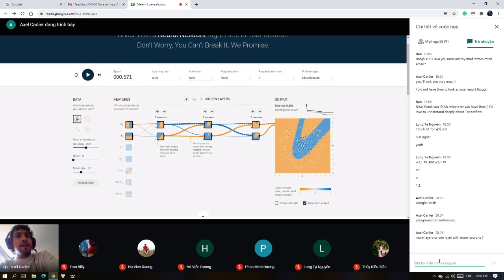Let's try to use linear activation function, okay? If I use linear activation function, you will see something weird. Let me try again. Okay. You see what is going on here? When you use the linear activation function for the hidden layers, what happens is that you get a linear separator in the end.